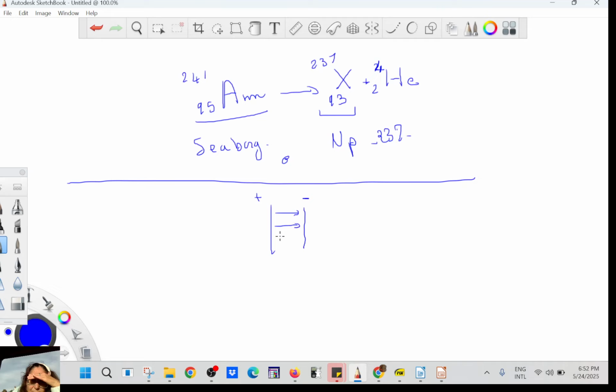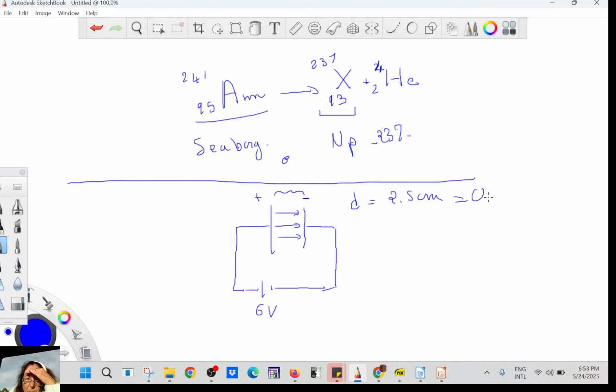So you're going to have an electric field in between, and the voltage applied here. So here you have a battery. Let's say this is 6 volts, and the distance here, I forgot, I think it's 2.5 centimeters, which is 0.025 meters.